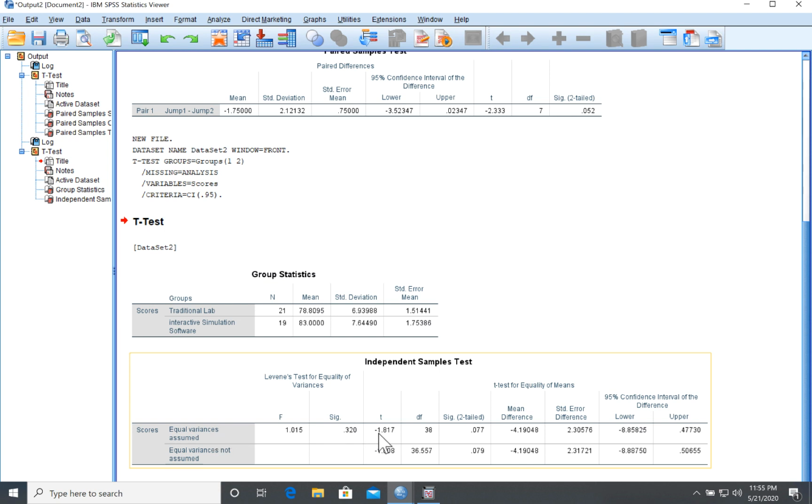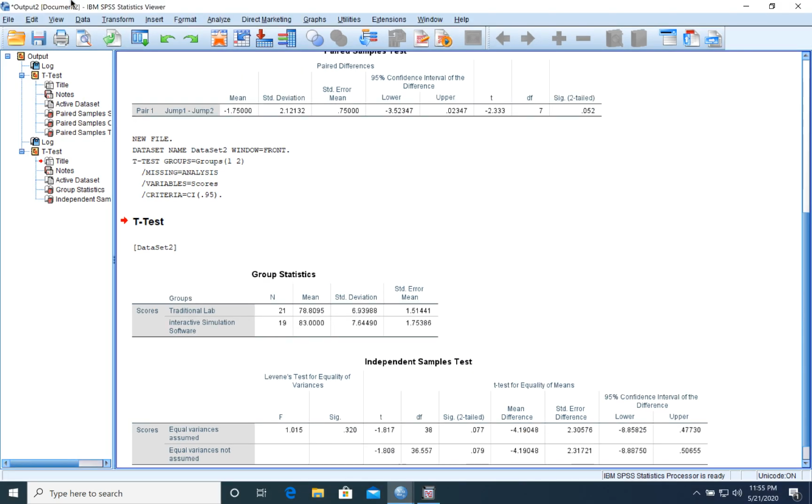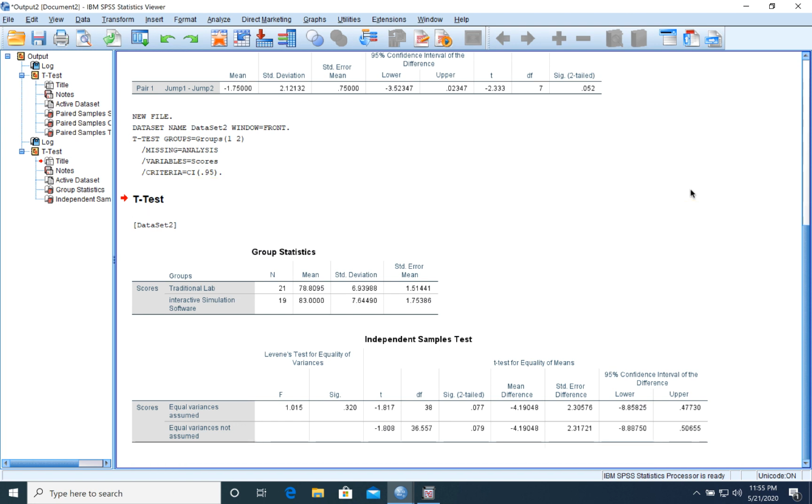This is if the variances were equal. This is if the variances were not equal. And what we need to do now is decide whether either of these is in our rejection region.